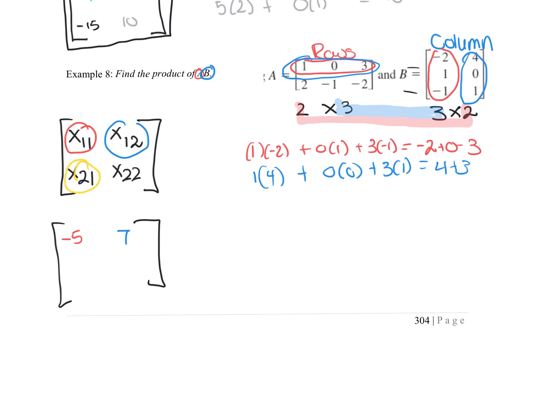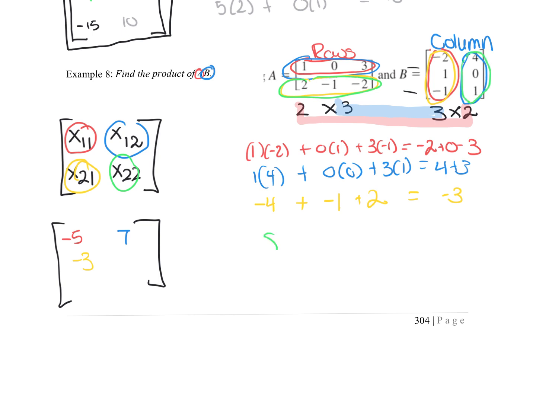This one right here is row 2, column 1. So you're going to get negative 4 plus negative 1 plus 2. Negative 5 plus 2 is going to result in a negative 3. This last one says row 2, column 2.